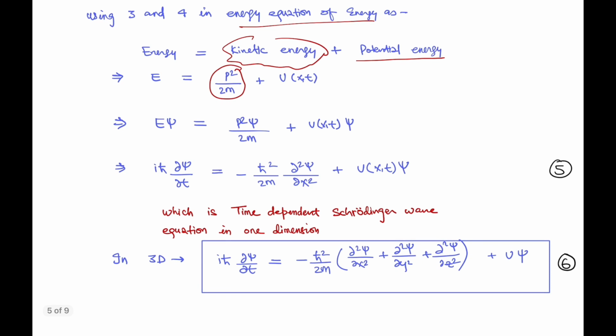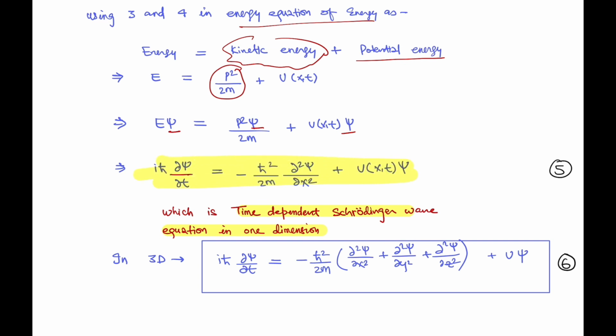When we put that in and multiply psi everywhere, you get iota h bar times the partial derivative of psi with respect to t equals minus h bar square divided by 2m times the partial double derivative of psi with respect to x, plus potential multiplied by psi. And this is a very important equation, which we call the time dependent Schrodinger wave equation in one dimension.